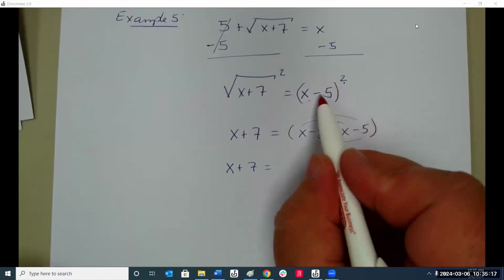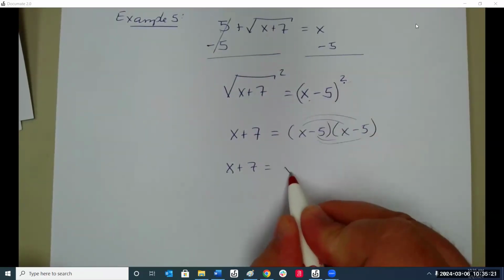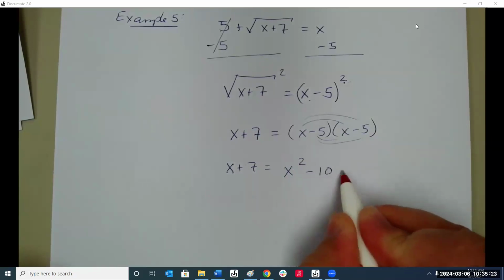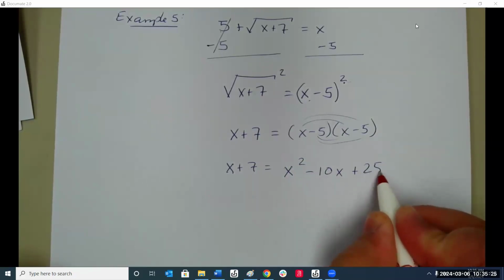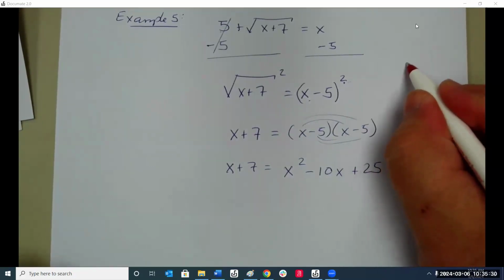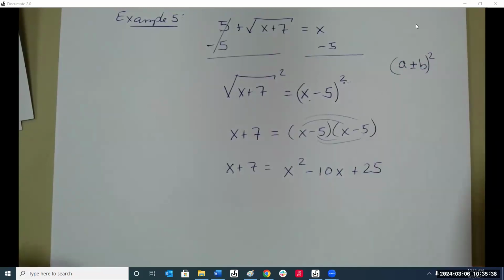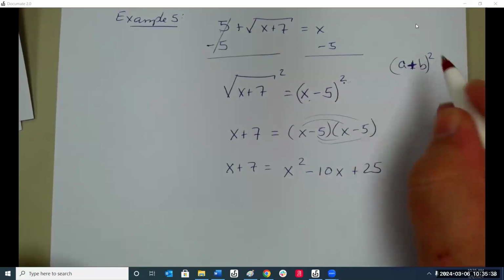But didn't we look at perfect squares? It's going to be x squared minus 10x plus 25. There's a shortcut. A plus or minus b, if it's squared, let's just look at the plus.